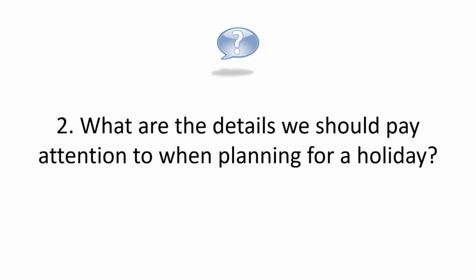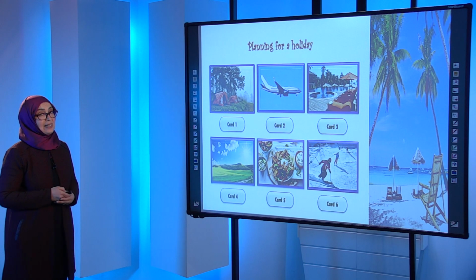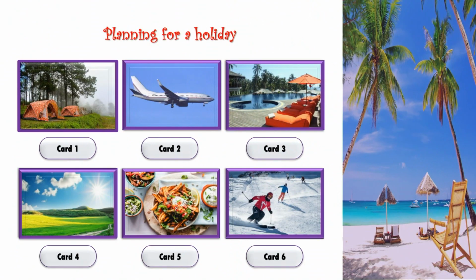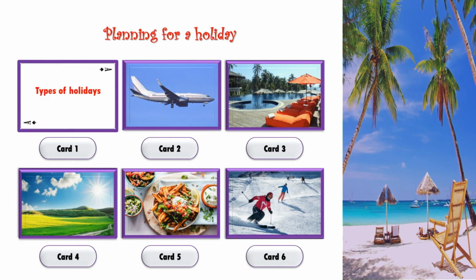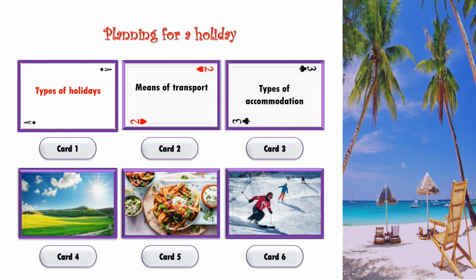Now, what are the details we should pay attention to when planning for a holiday? Here you are. These pictures can help you guess. The first element we have to take care of is the types of holiday. The second, of course, the means of transportation we want to use. The third card, the type of accommodation we prefer.